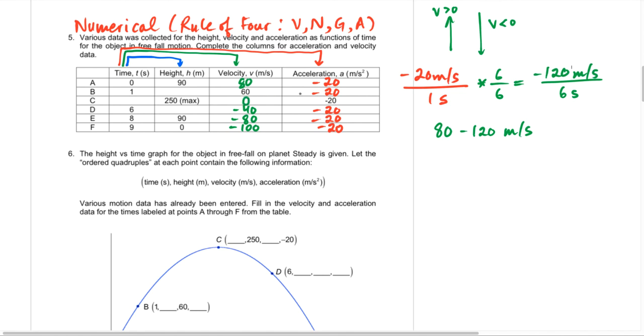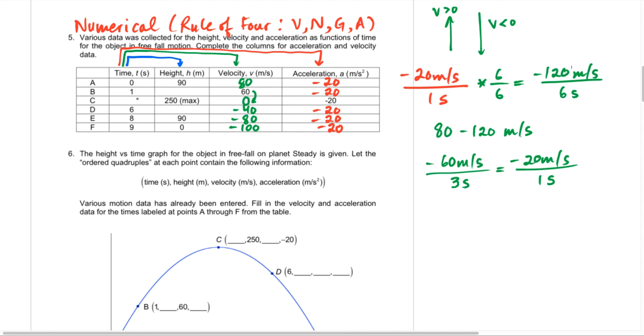And from here then, we can see that there has been a loss of 60 meters per second from point B to C. That's how we went from 60 decreased down to 0 meters per second. And so if we have lost 60 meters per second, that would take 3 seconds at a rate of negative 20 meters per second every 1 second.